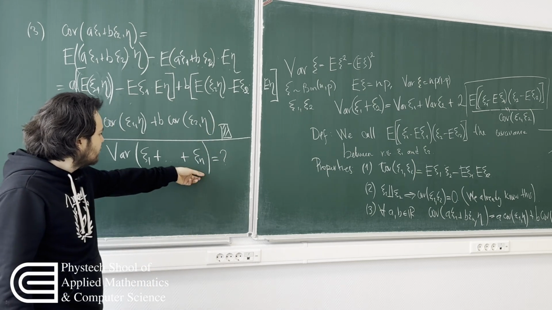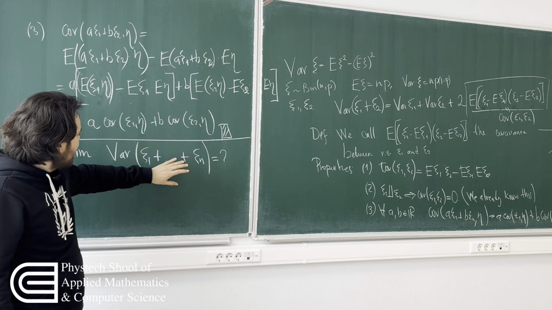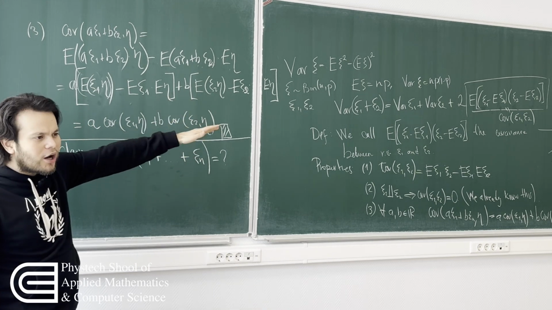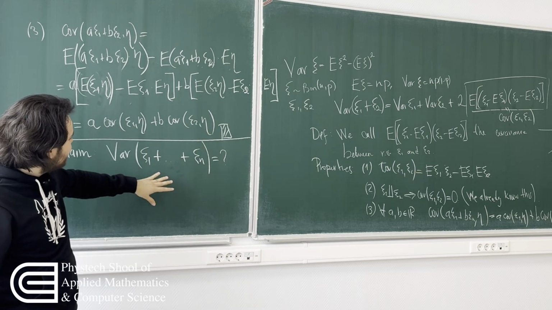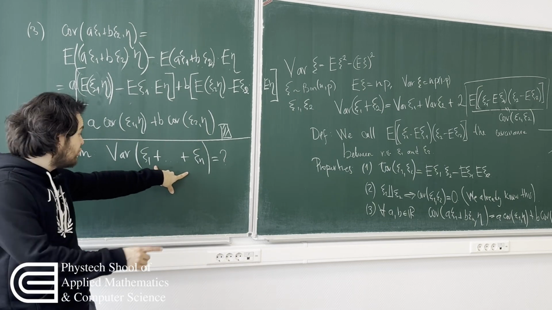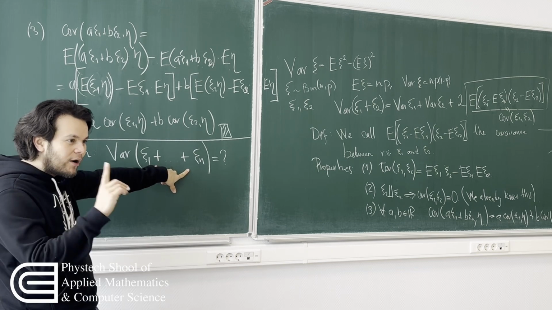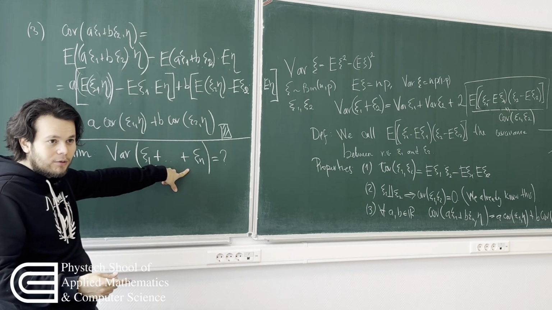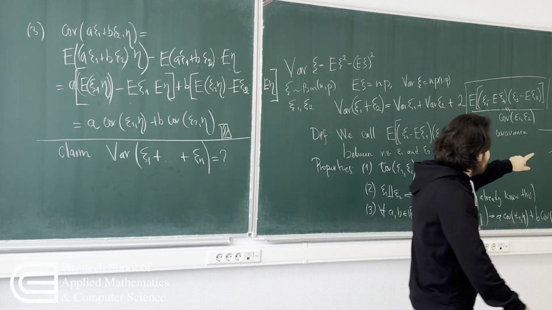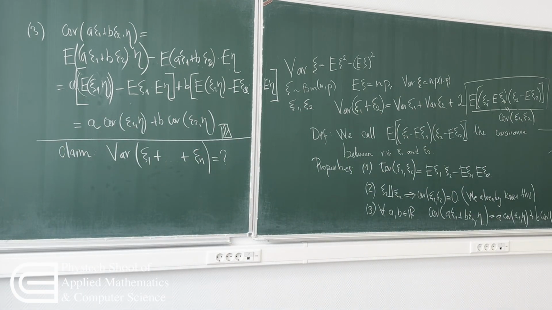Now we don't have 2 random variables, we have n random variables. Now, what do we have to do? Look, in order to prove this, we could say maybe by induction or something like that, right? But there's no need because we know that the variance of a random variable, so we have one random variable here, the sum of random variables, is the covariance of this random variable with itself.